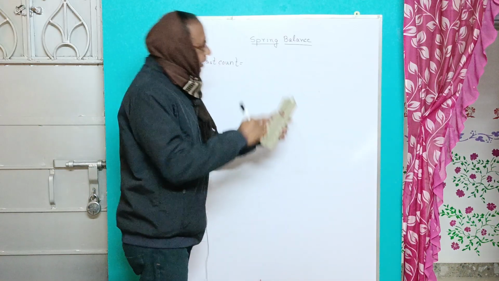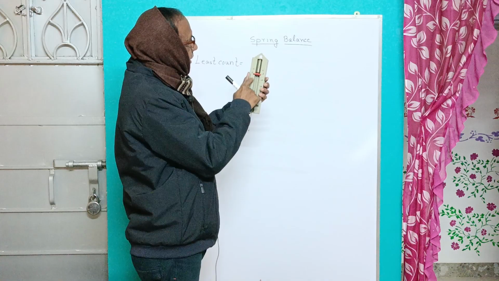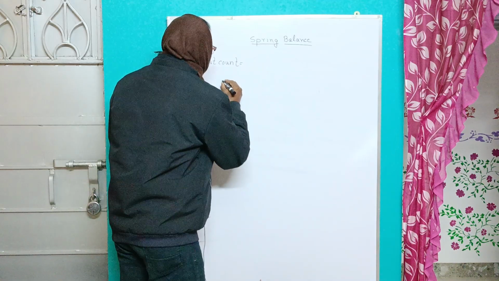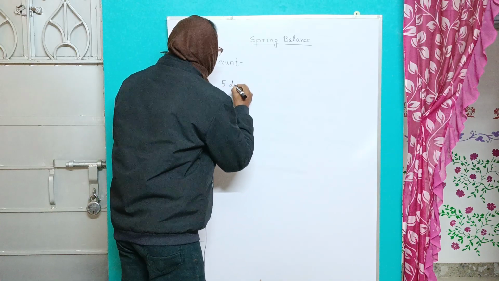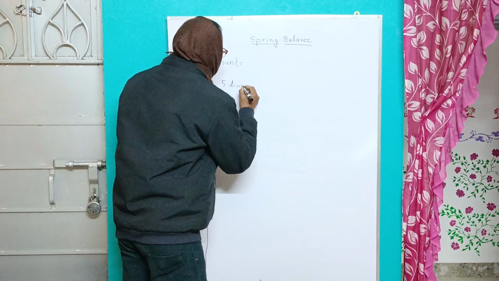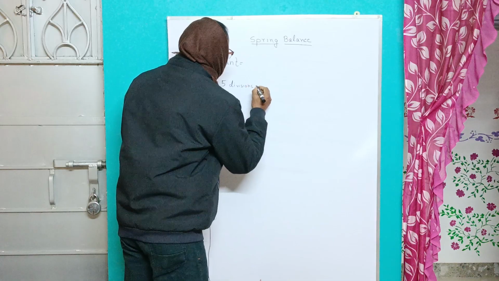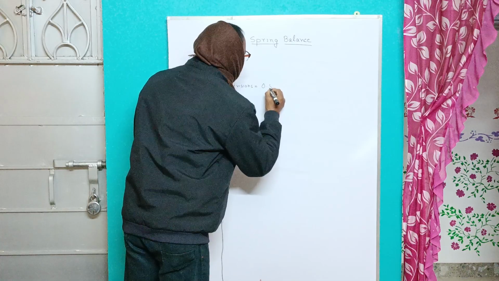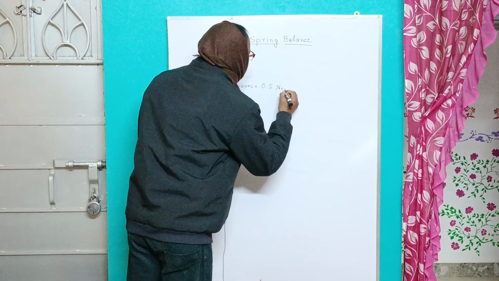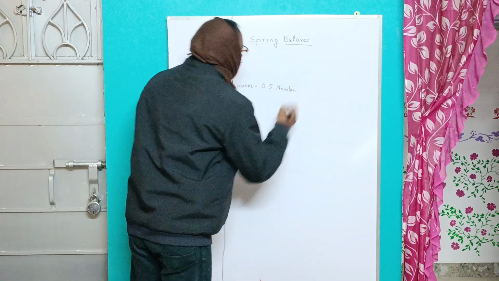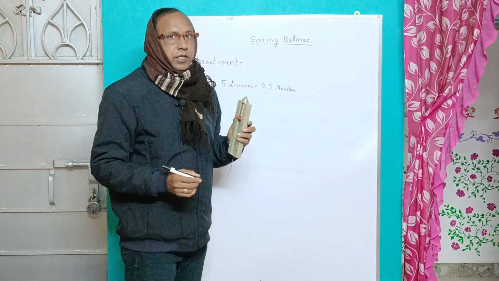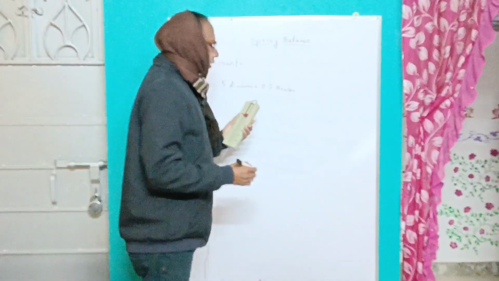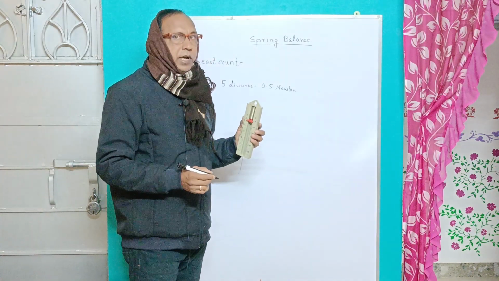I already told you that here you see from 0 to 0.5 there are 5 divisions, 1, 2, 3, 4, 5, right? That means 5 divisions is equal to 0.5 Newton, and Newton is the SI unit of weight, right? And the CGS unit of weight is dyne, right?